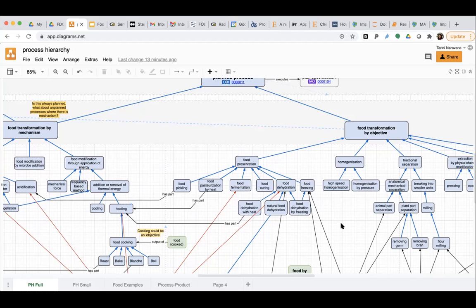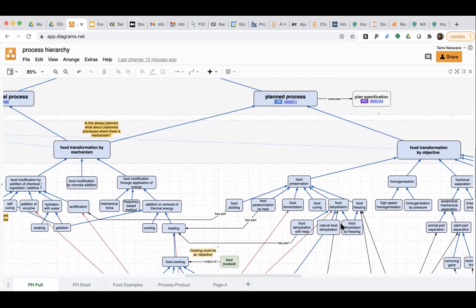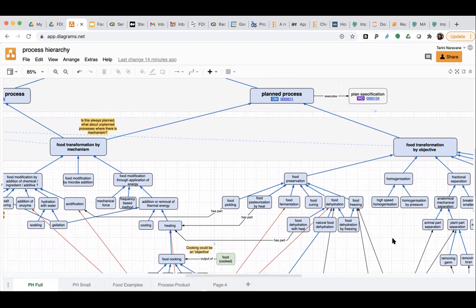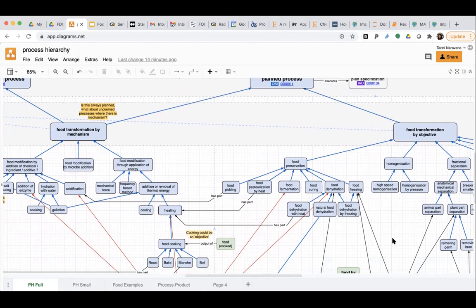And that's why a lot of thinking went into food transformation by mechanism and by objective. For instance, is food cooking an objective or is it a mechanism? I think these kinds of questions don't have a complete resolution, but they are very good questions. And we've used that to lead into what we have now drawn out.